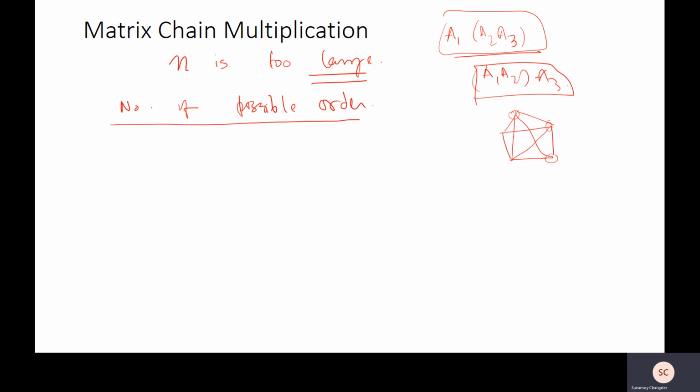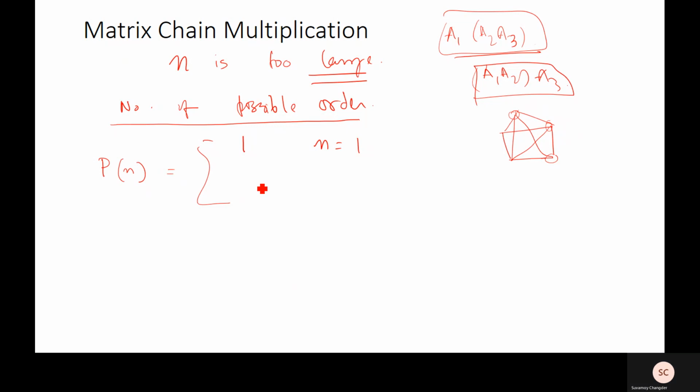I don't know whether you have heard the term or not. Actually, this gives us the Catalan number. The solution is the Catalan number. Before that, let us define the recurrence. The recurrence is P(n), the number of different possibilities, equals 1 if the chain contains a single element.